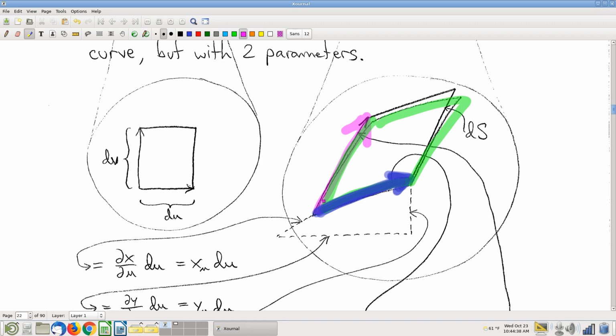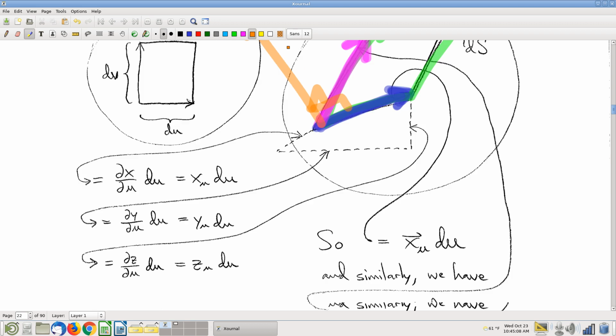Likewise, xv is parallel to the surface. So their cross product, being perpendicular to each of those two vectors parallel to the surface, is perpendicular to the surface. It's always orthogonal to the surface. That's a nice feature, geometrically interesting. So our N vector is perpendicular to the surface.